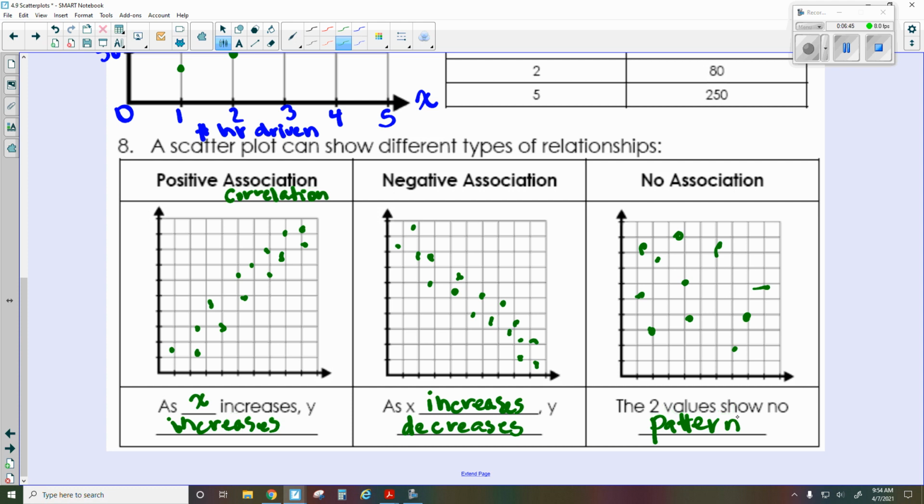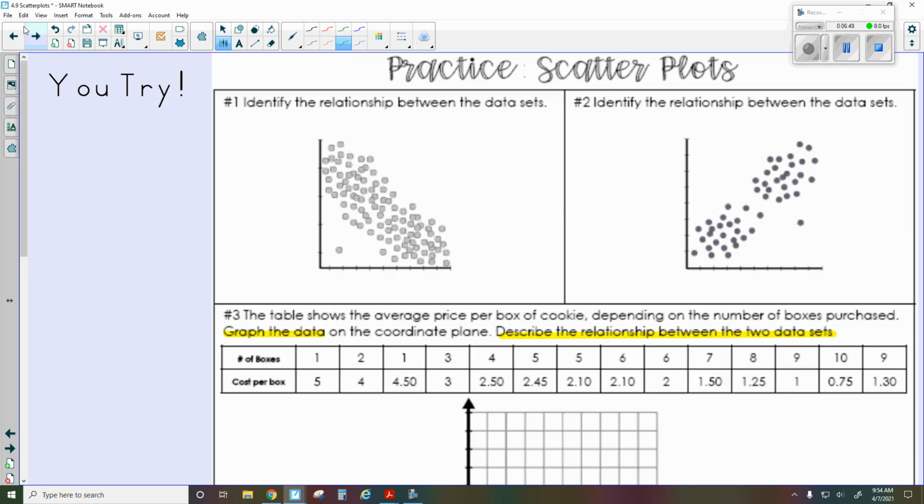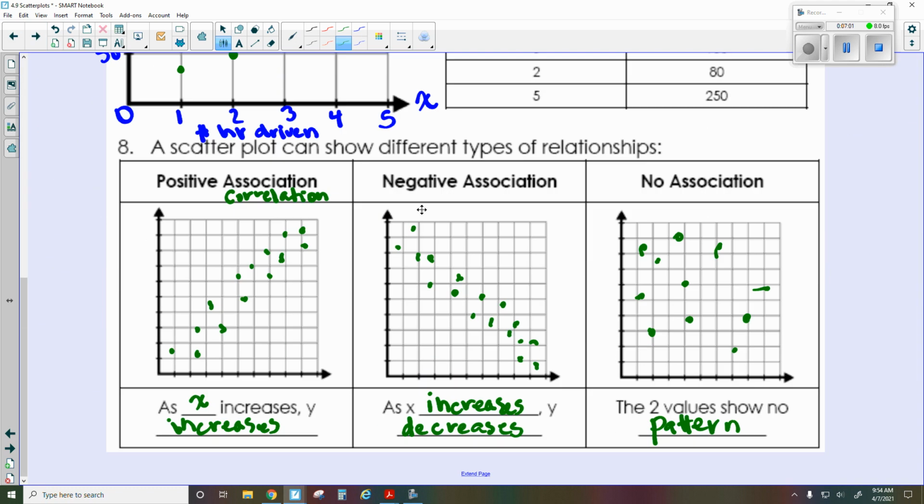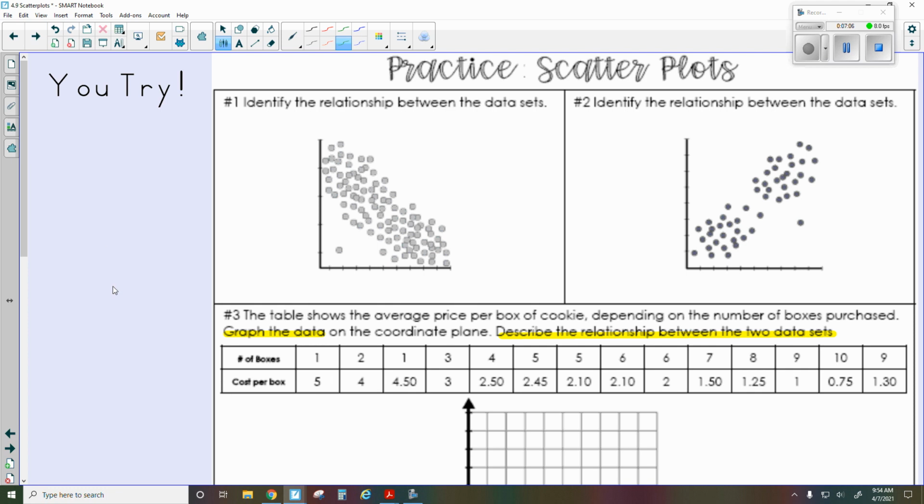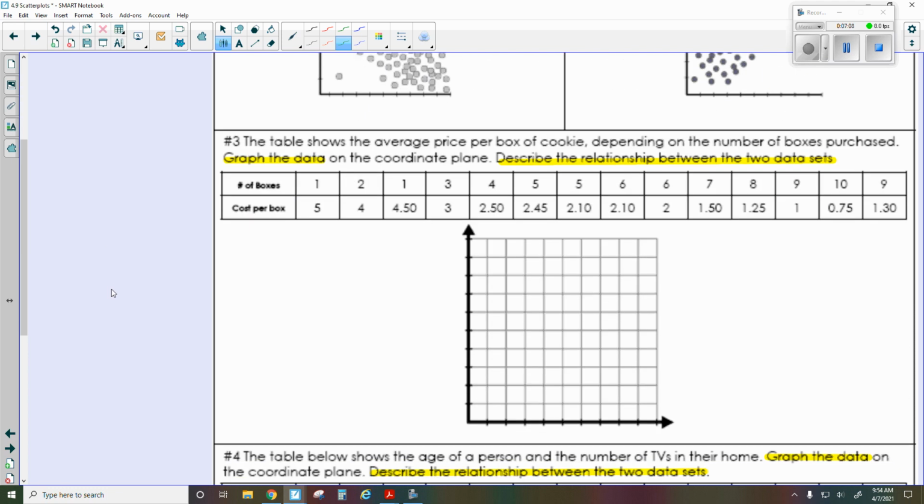All right, so let's look at the next page here. And I want you to try these four. So in number 1 and number 2, you're just going to identify the relationship between the data sets, just like we saw here, using the vocabulary. And then also number 3 and number 4 are very similar.